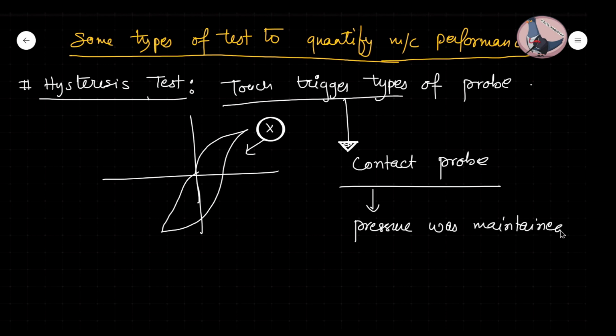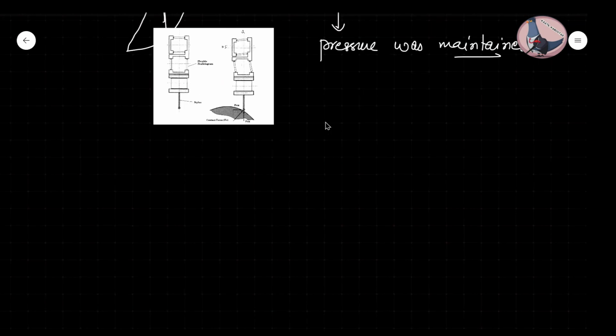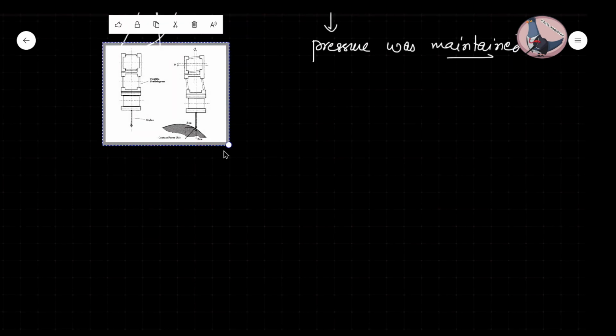I feel it will be better if I explain this in a little more detail, because if I do not do it, no one else will help you understand it. So I feel I should do justice to this. Now this is your touch trigger.